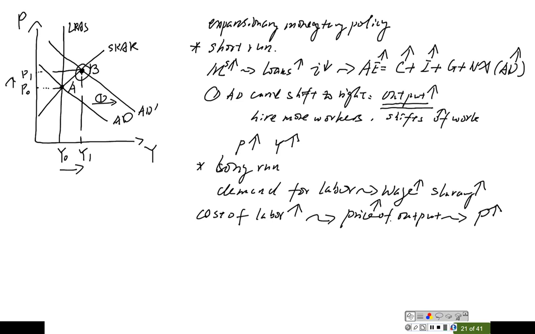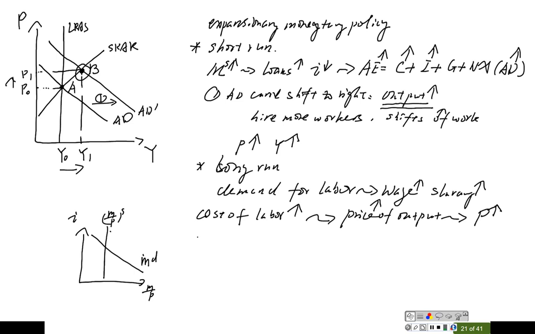If the average price level is up, what happens? Go back to the liquidity preference model: the interest rate, real money supply, and real money demand.